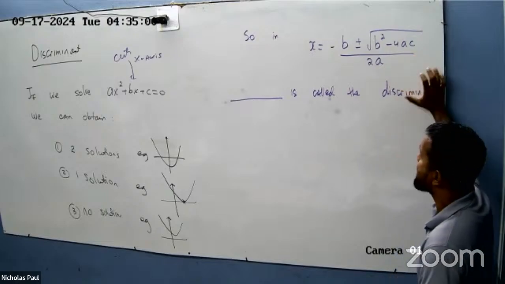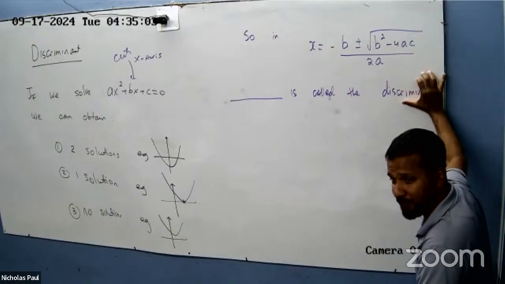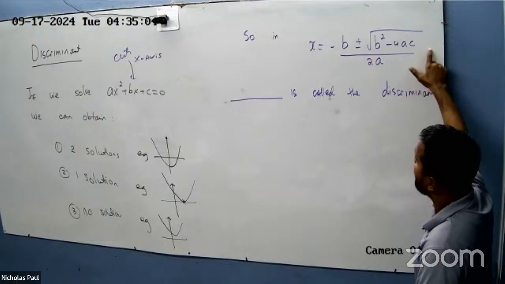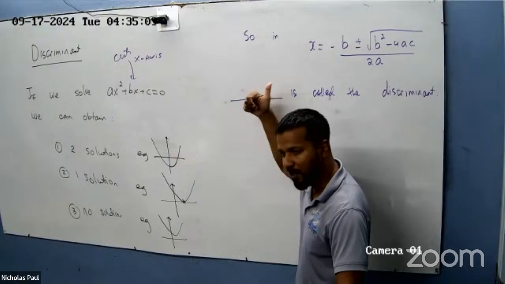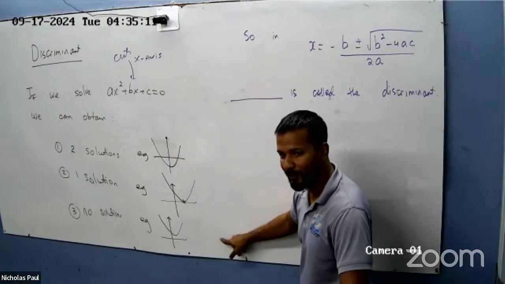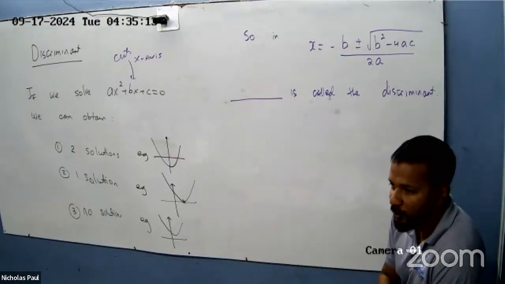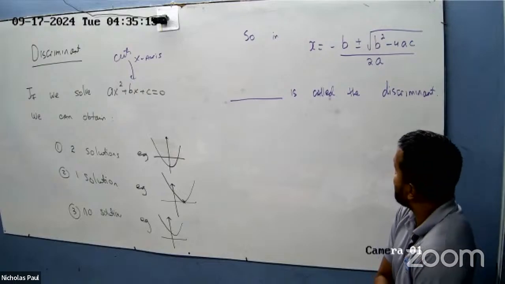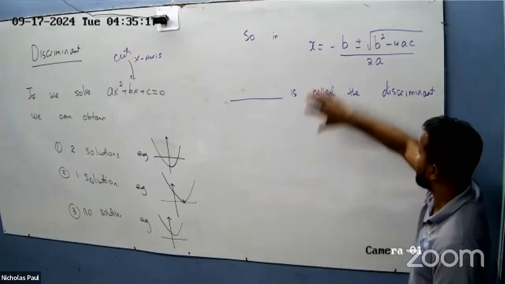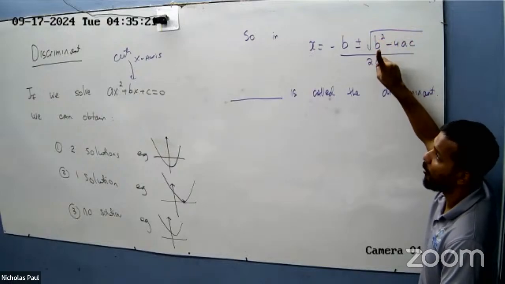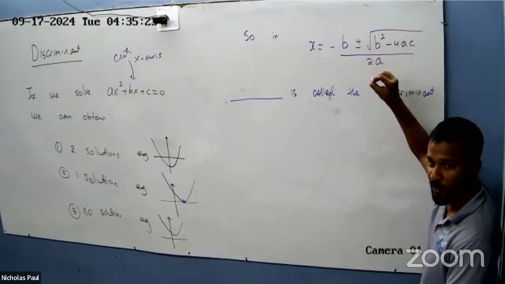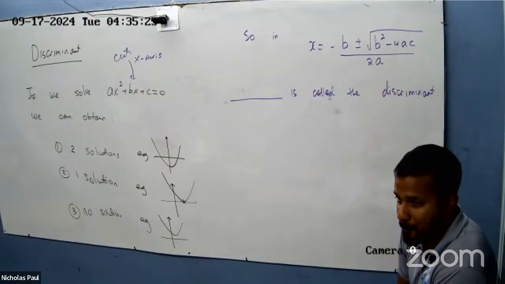Right. So I have a question. What do you think will control if we get two answers, one answer, or no answer when we solve that? Kind of a hard question, right? What controls if I get two solutions, one solution, or no solution? What do you think?